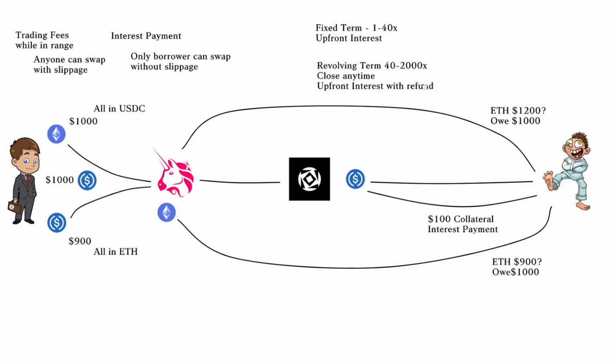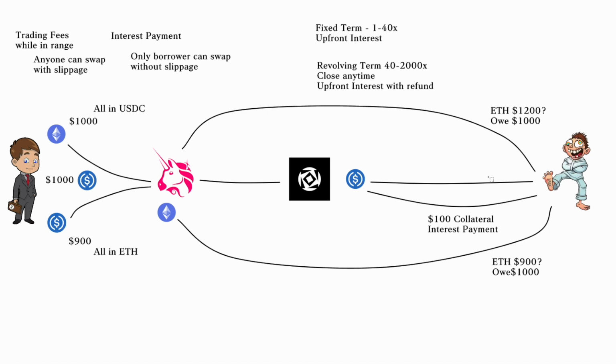And then they have this other thing called the revolving term for higher leverage, okay? So for the revolving term, the first thing you can do is close at any time. Let me make sure you understand this. On a fixed term, he paid upfront interest. He can sell back to USDC anytime he wants.